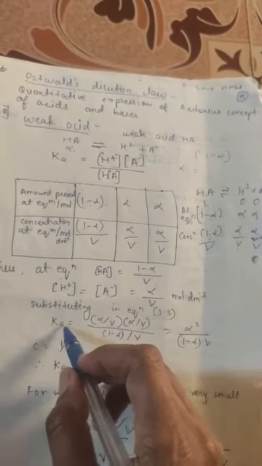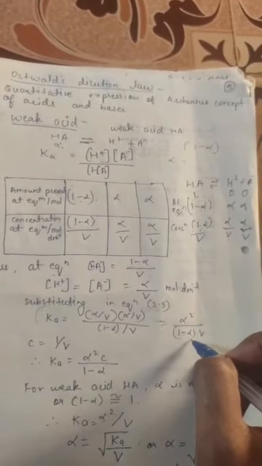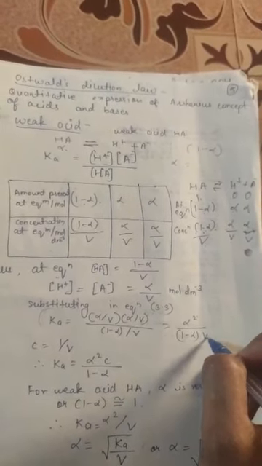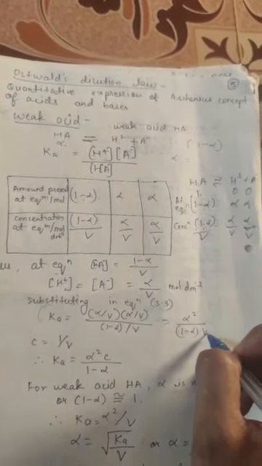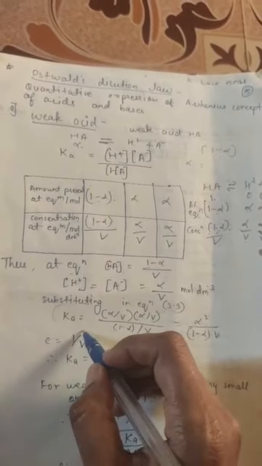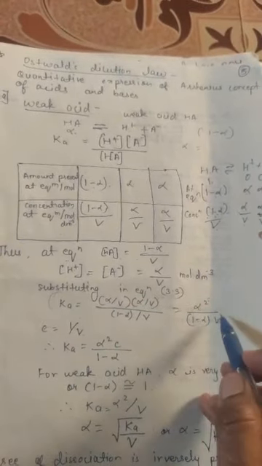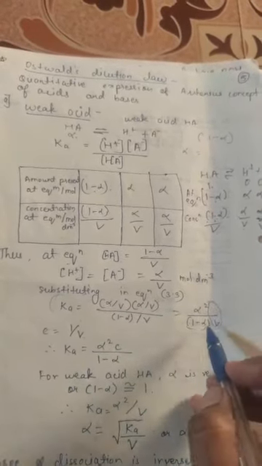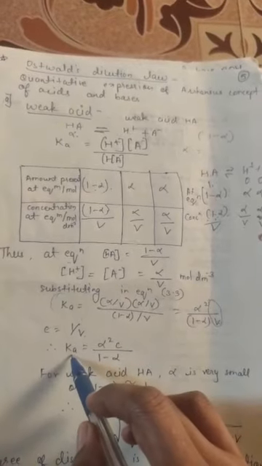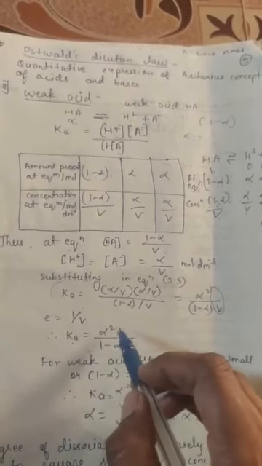So the final equation for the dissociation constant of a weak acid will be alpha square upon 1 minus alpha into V. We have seen in the previous session that C is always equal to 1 upon V. If you substitute 1 upon V as C, Ka comes out to be alpha square into C upon 1 minus alpha.